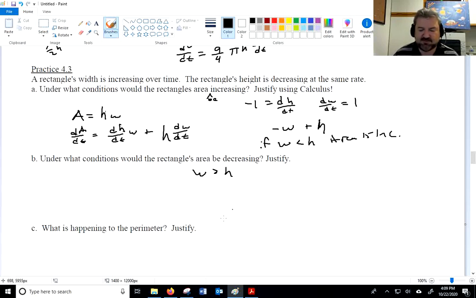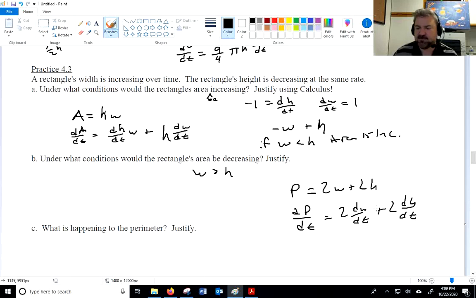And what is happening to the perimeter? Well, perimeter is 2 times the width plus 2 times the height. So I've got dp/dt equals 2 dw/dt plus 2 dh/dt. Well, what we can see here is that the perimeter is staying constant because these are the same rate. One's positive, one's negative, so that's going to become 0.